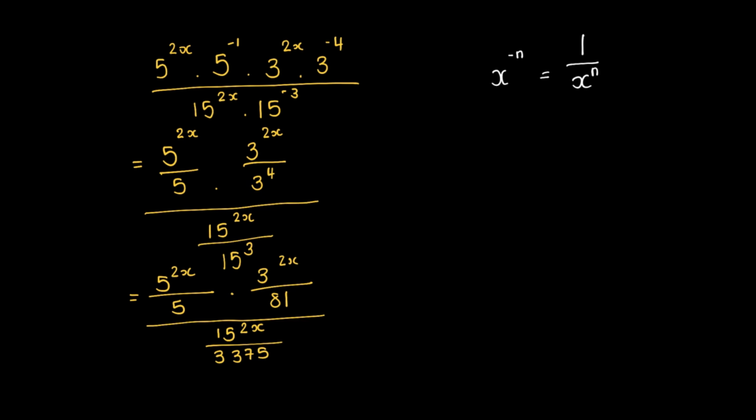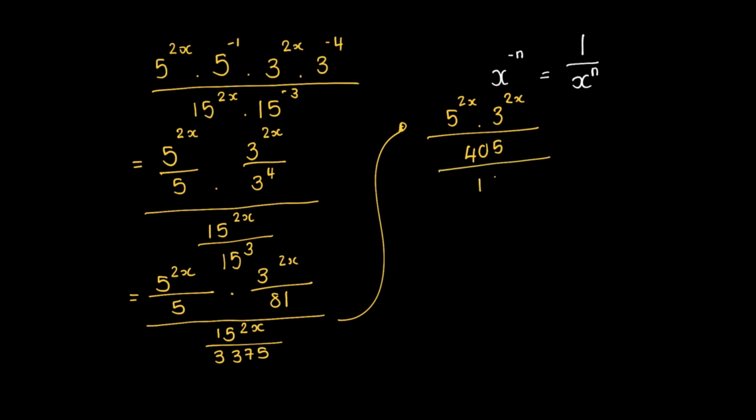So what we're going to end up with over here, I'm going to take all of this up to this part over here. So we're going to have 5 to the power 2x multiplied by 3 to the power 2x. And all of this is going to be over 5 multiplied by 81, which gives us 405. All of this divided by 15 to the power 2x divided by 3,375.